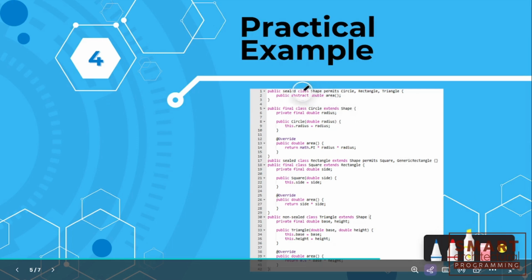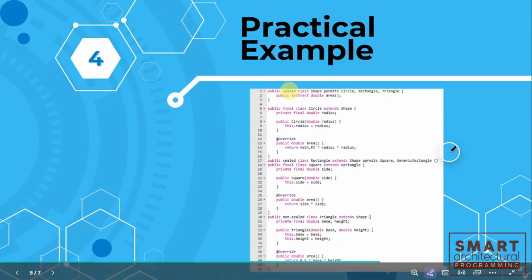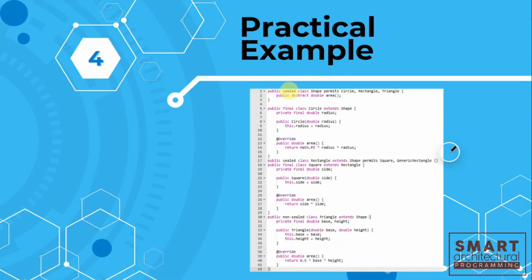It's really big, but you can notice that we have a sealed class here, which basically permits, this is the permits keyword, these three subclasses to inherit from the Shape class, right?